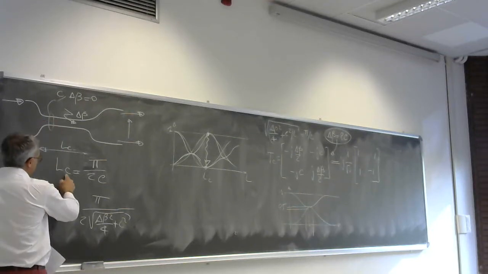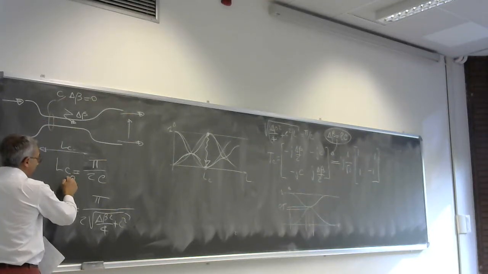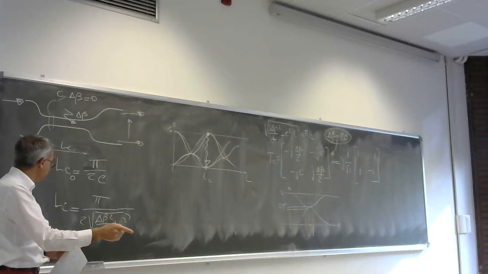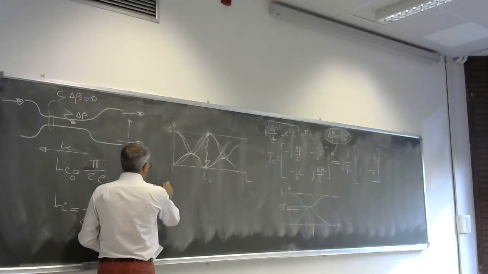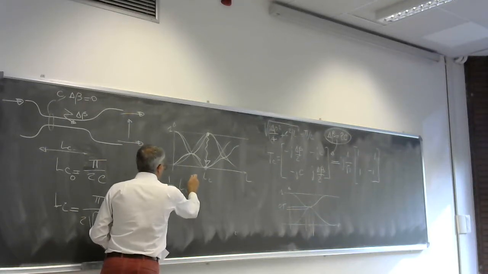So if LC0 is the coupling length of the asynchronous, now we want LC equal to 1/2 of LC0.